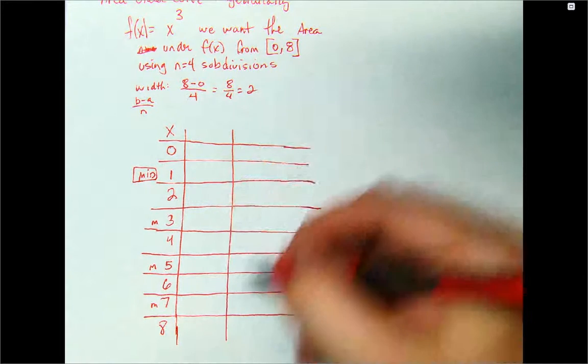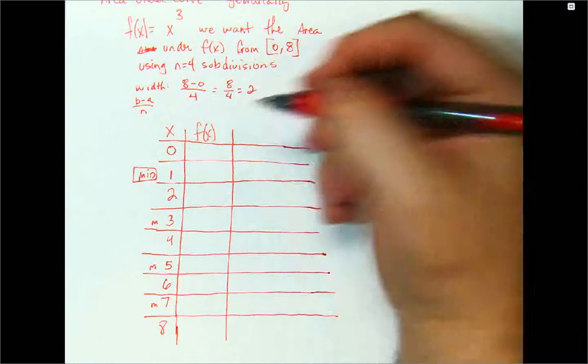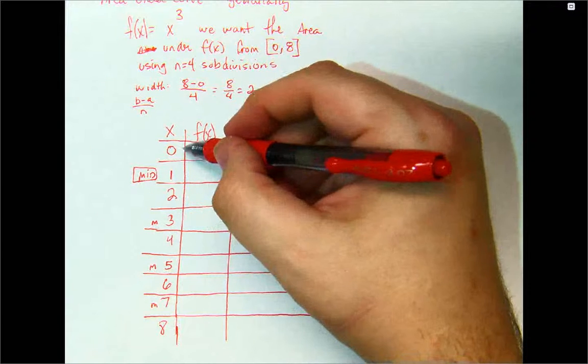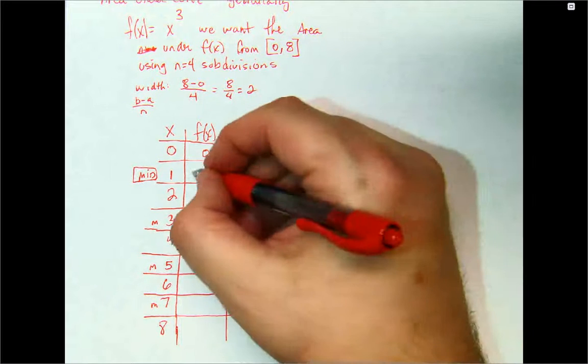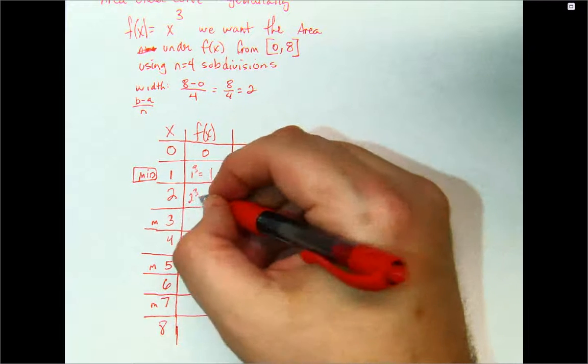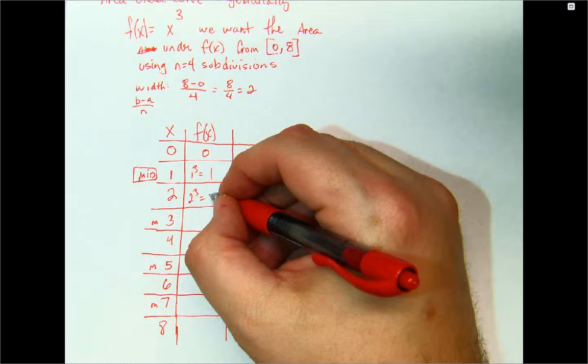Now, I want f of x. What's 0 cubed? 0. What's 1 cubed? 2 cubed is 8. 3 cubed.